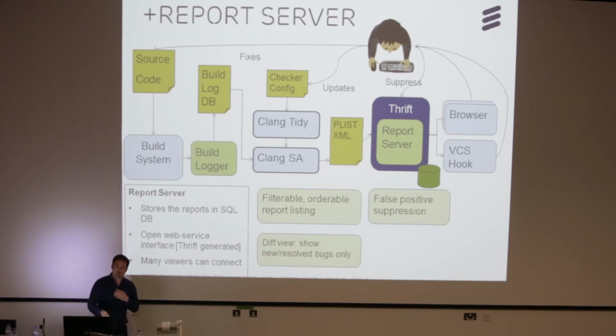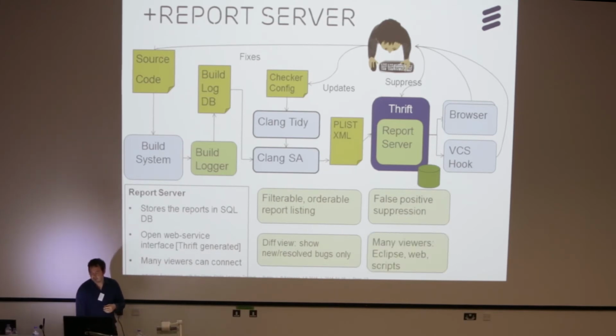So if it is a false positive, you suppress it, and even if somebody writes something on the top of the file and the report is shifting down in the file, so the location of the bug is shifting down, even then you would like to identify that it is the same problem and you don't want it to reappear. And for that, you need the same hashing mechanism. So actually, you need to uniquely identify a problem location independently. This is a tricky problem. We have a solution for it, but I think it could be improved.